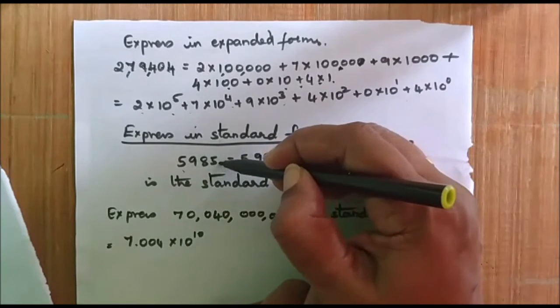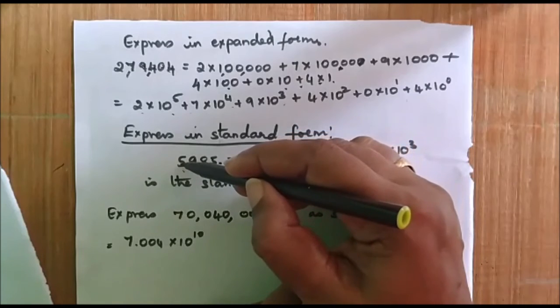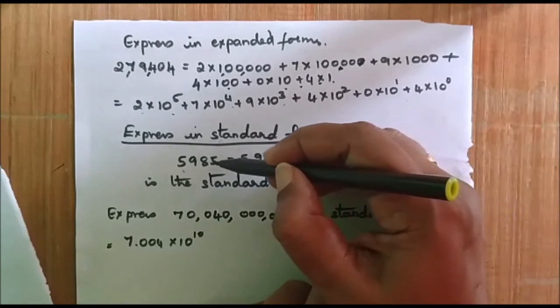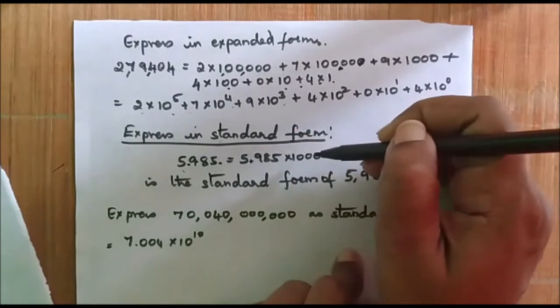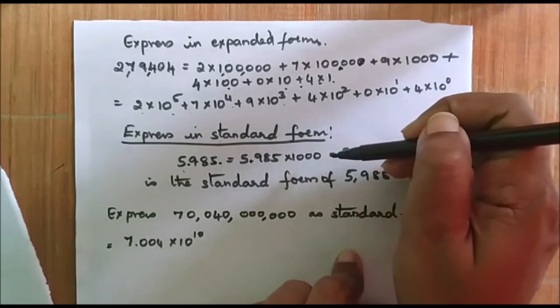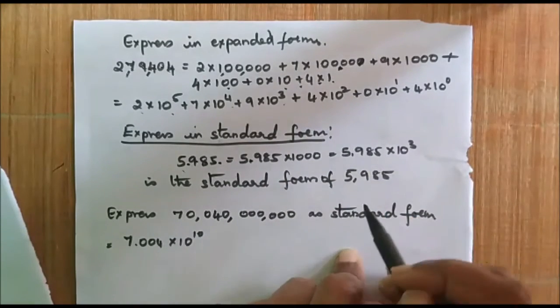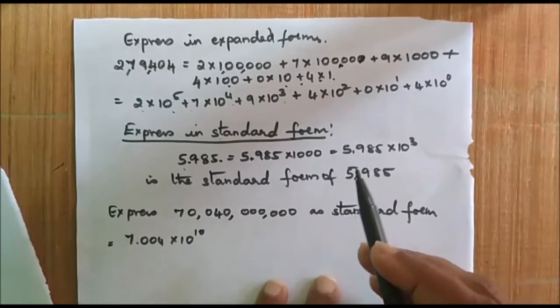We will assume the point to be here to the right. I told you, after the first digit, the point should come. So, 1, 2, 3. I have 3 places. So, I will multiply with 10 to the power 3. Okay. So, 5.985 into 10 to the power 3. This is how we express it in standard form.